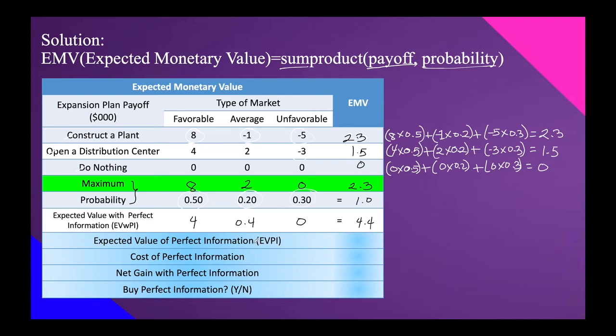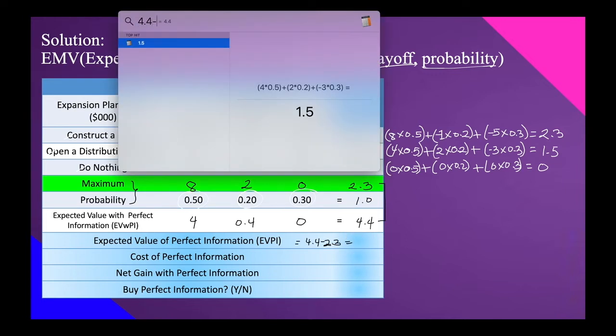Now, the expected value of perfect information, don't get confused with EVWPI and EVPI. For us to be able to get the value of EVPI, we just need to subtract these two. So, 4.4 minus 2.3. 4.4 para makuha ninyo ng detalyado, step by step. 4.4 minus 2.3.